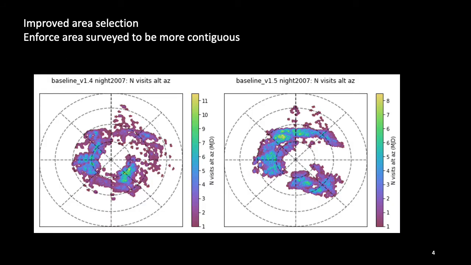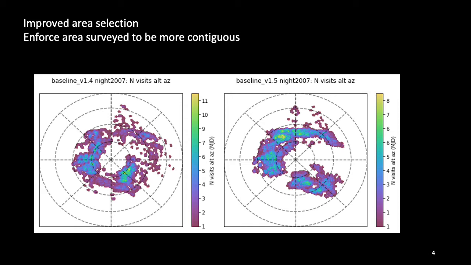One of them is improving how we select areas of sky. The main way we observe during dark time is to select a large block of sky that will take about 20 minutes to observe, switch filters, and then observe it again. On the left, you see version 1.4, a single night. This is an alt-az projection, so zenith is at the center.